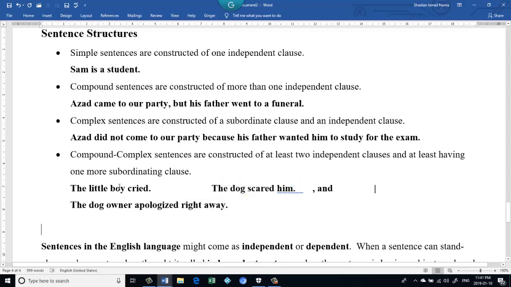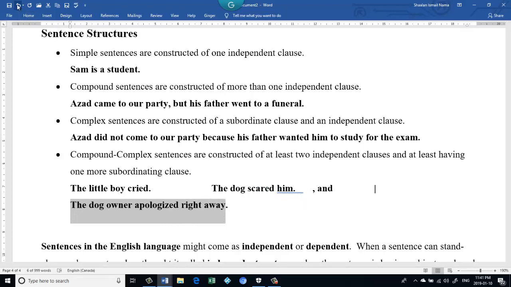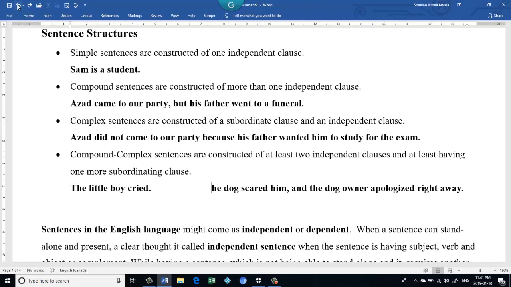Now we have three independent sentences connected to be one sentence like this. Let's go back again.